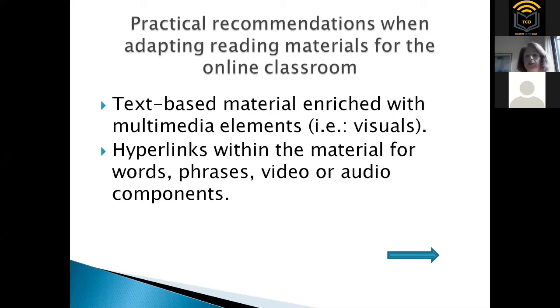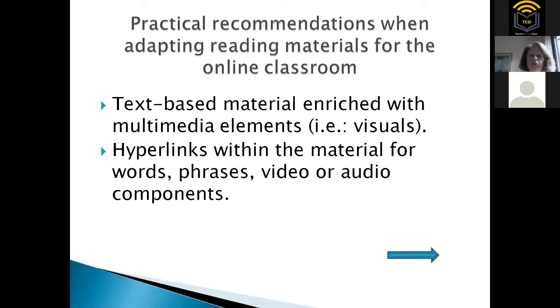So this is great because as students read the text, they will just click on the hyperlink and they will have everything ready there. And you've got to do that. It's a great thing to have when it comes to online use. We couldn't have it in the traditional classroom.